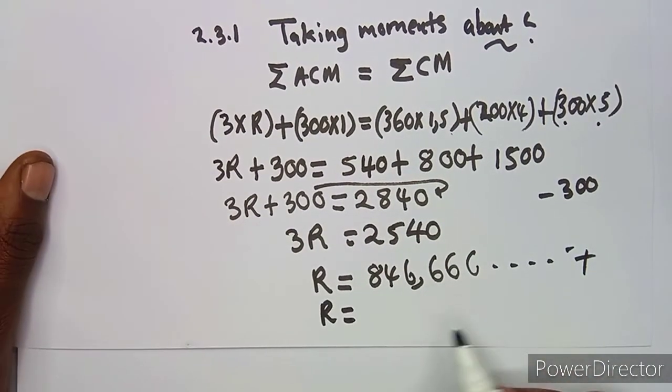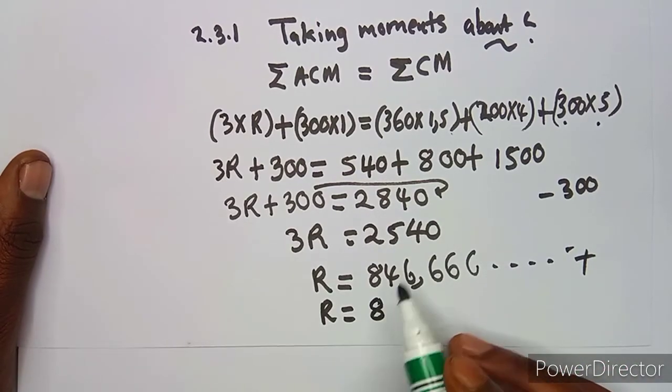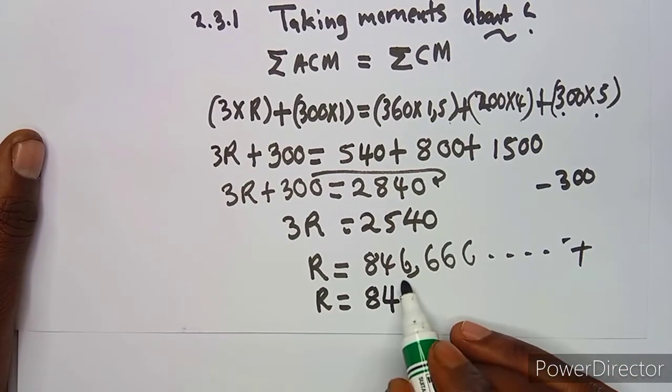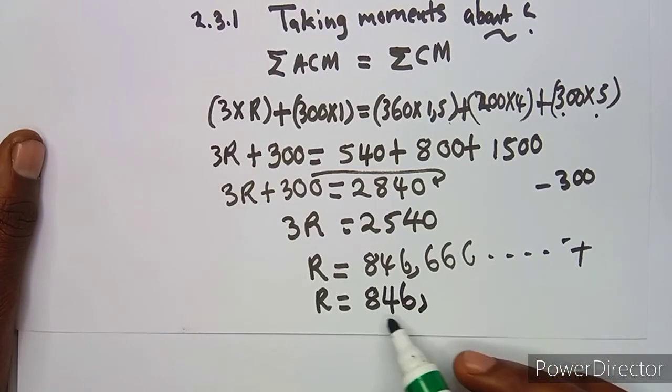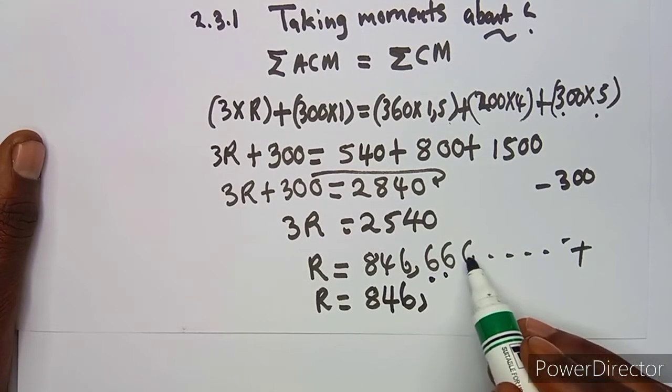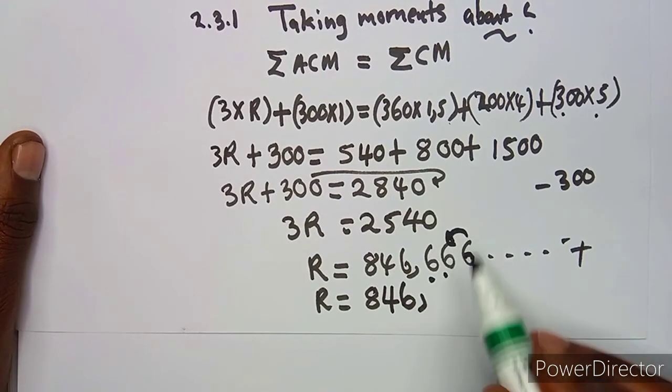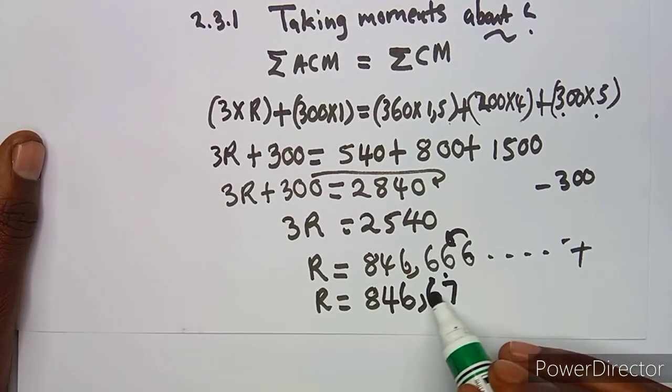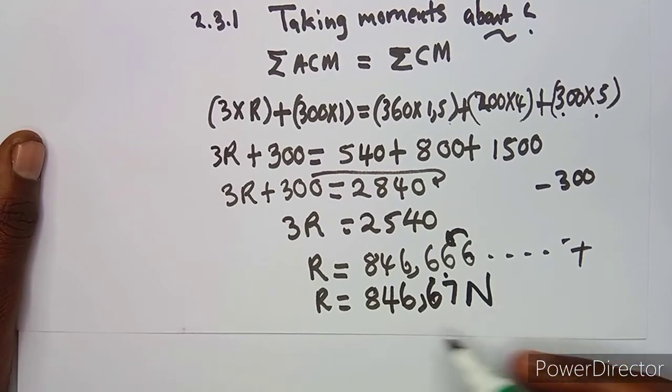So rounding off to 3 decimal places, or you can just put 2 decimal places, maybe it's going to be fine. 846 comma, we got 1 2. Since this is 6, it's going to change here to a 7, so it's 67 in Newton.